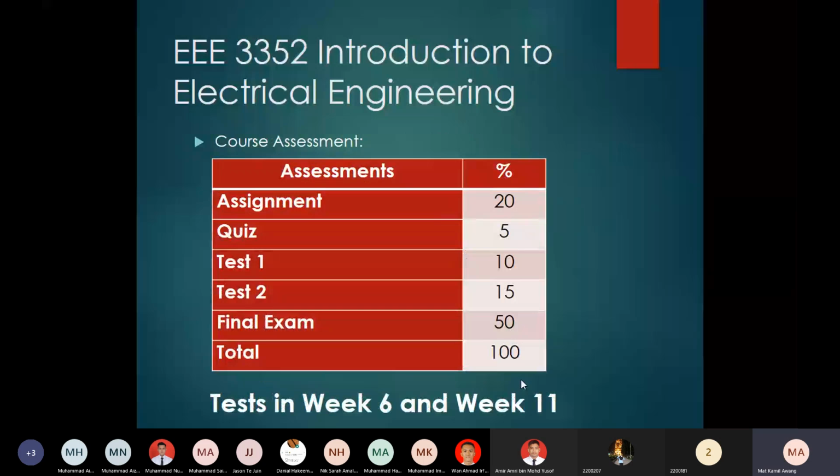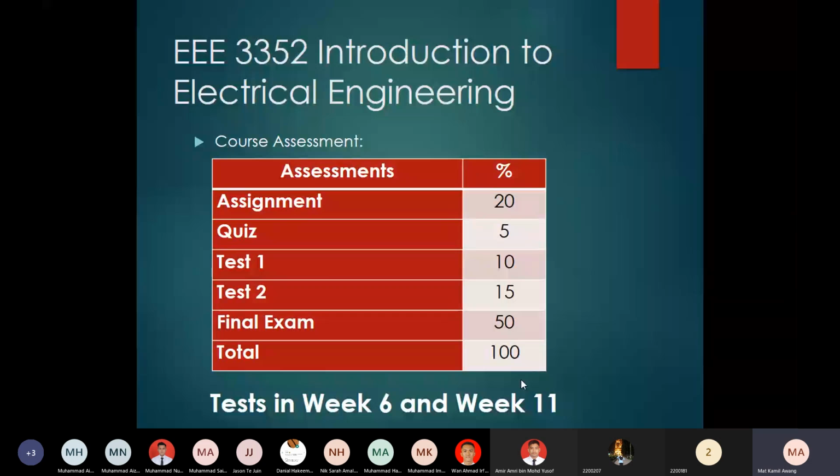So this is how the assessment of the course will be done. Your assignment is about 20%, quizzes 5%, test 1 10%, test 2 15%, and final exam 50%. So total is 100%. Test 1 will be in week 6 or 7, and test 2 will be in about week 11 or 12. Then after that, we'll have a final exam.